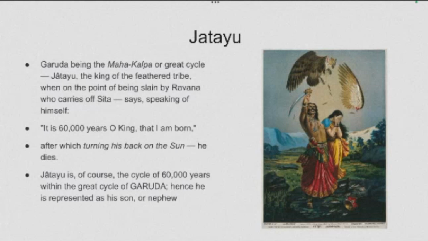So Jatayu is again an esoteric representation of a smaller cycle compared to Mahakalpa, a smaller cycle of 60,000 years, hence called the son or the nephew of Garuda.